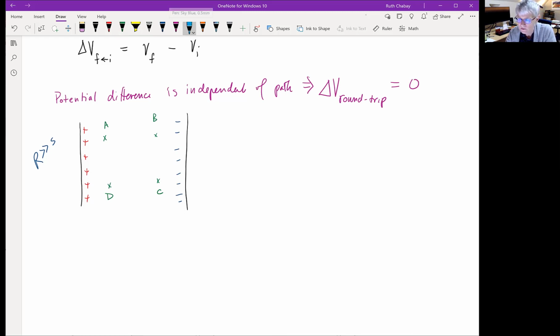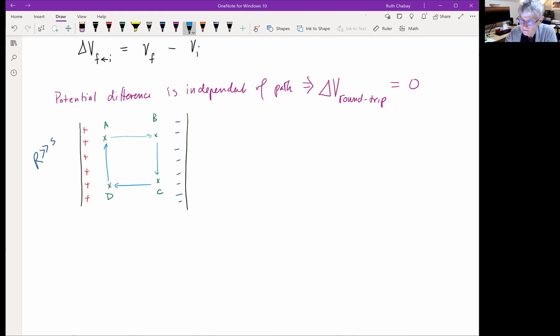So presumably we'd expect that if we went from A to B, and then B to C, and then C to D, and then D to A, and added up all those potential differences, it ought to add up to 0.